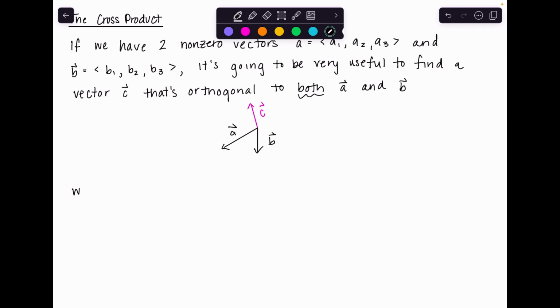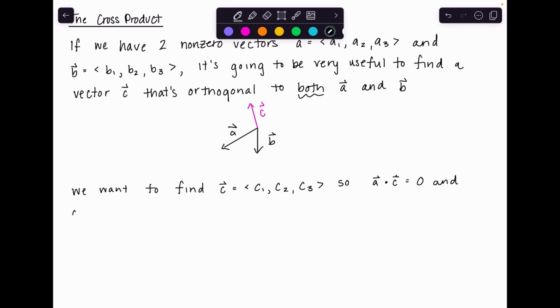So what we want is to find C, which I have no idea what the components will be, so I'm just going to call them C1, C2, and C3. It's orthogonal, meaning if I take A and dot product it with C, I'm going to get 0.